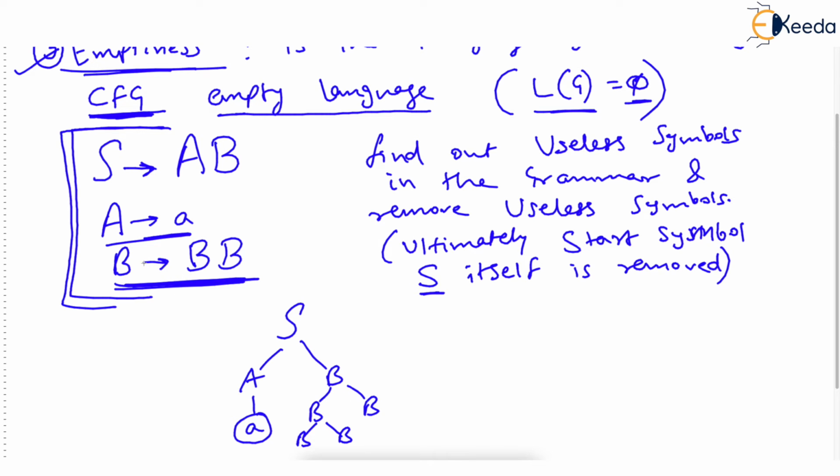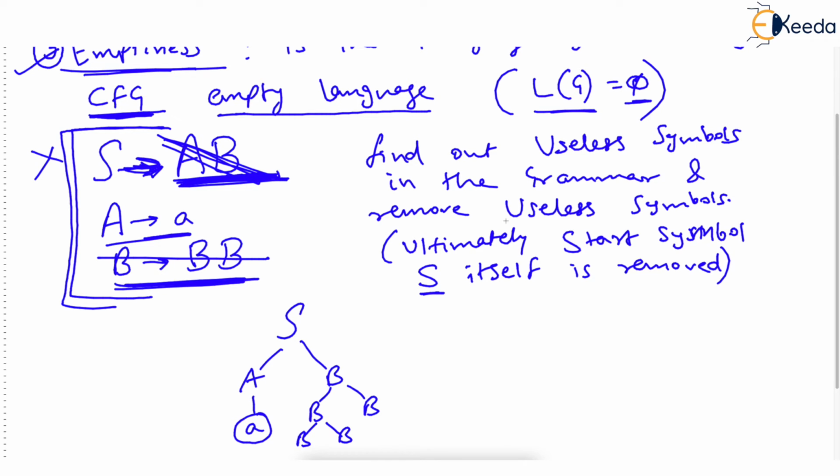So what we will first do is remove the production for B, but B is useless, so how can B be anywhere on the right-hand side? You will remove this right-hand side also. But if you remove this right-hand side, then S generates nothing. The production for S itself is meaningless now.